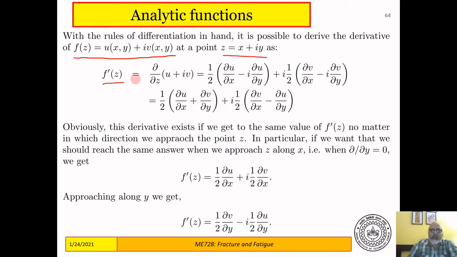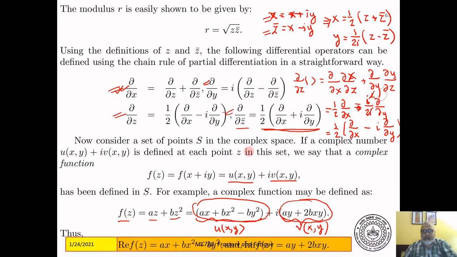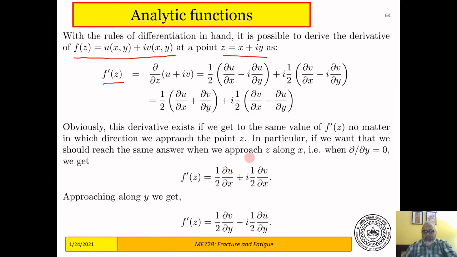So to do that, what I do is I use the formulas for ∂_z. So ∂_z is half (∂_x minus i ∂_y). So use that, half (∂_x minus i ∂_y) of (u plus iv), where remember u and v both are functions of x and y. If you do that, then this is what you get.